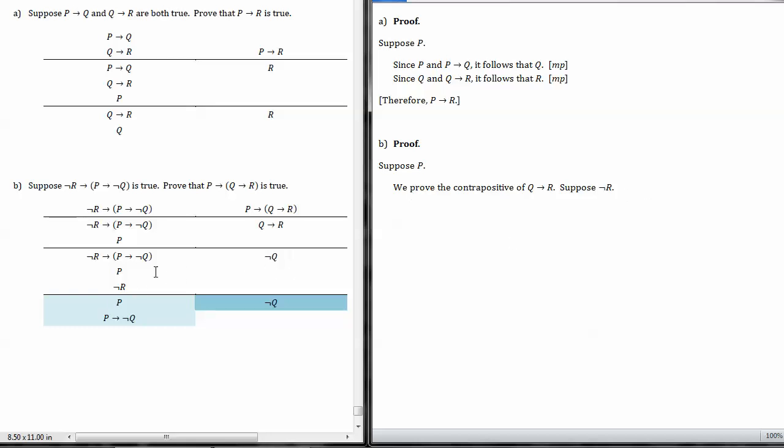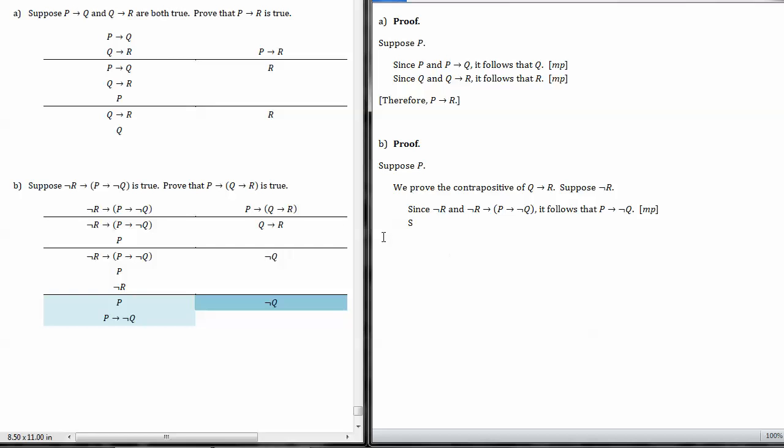Okay, so that brought us to here, and then we used modus ponens to combine a couple statements. So since the negation of R and this complicated statement are both true, it follows that P implies not Q, right, by modus ponens.